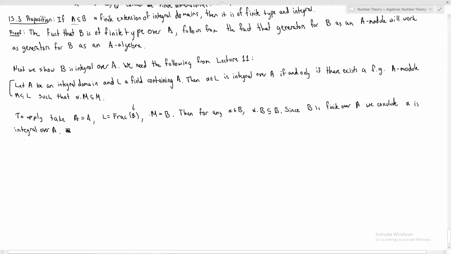Okay. So next, I basically want to prove the converse. So 15.4, this is going to be the converse proposition. So now I'm going to take an integral extension of finite type. So let A, B be integral domains, A contained in B, an integral extension of finite type.